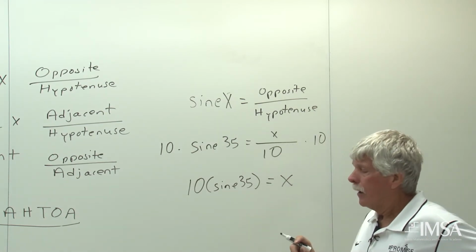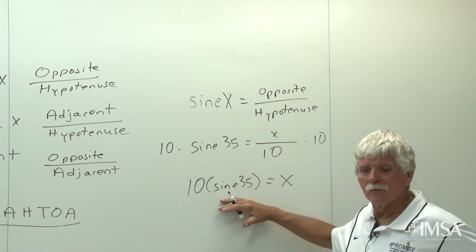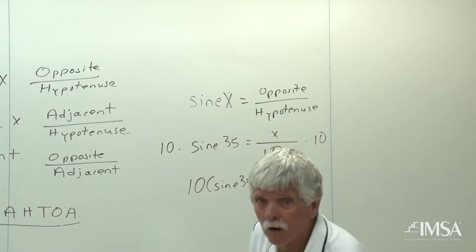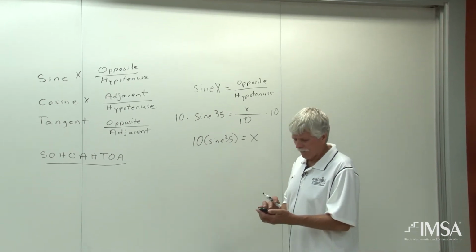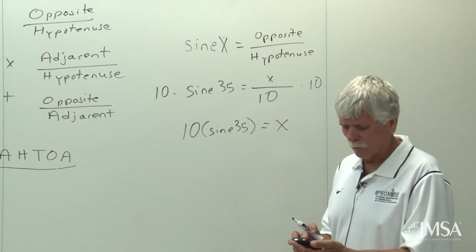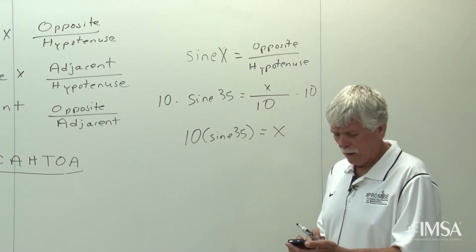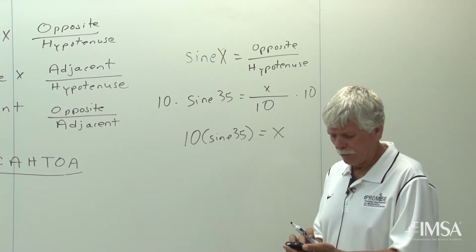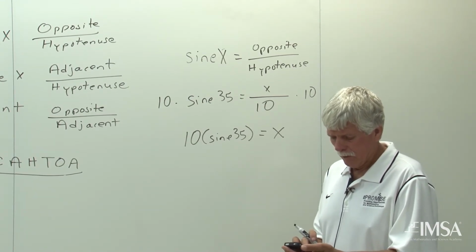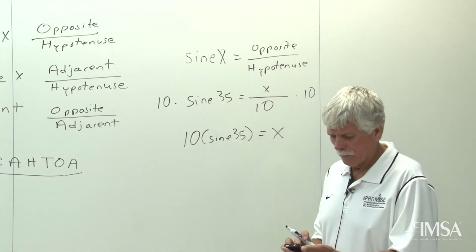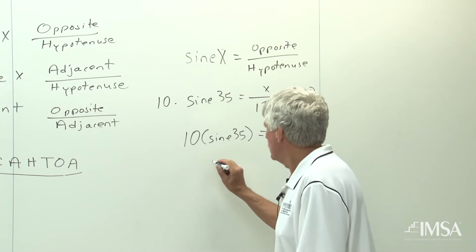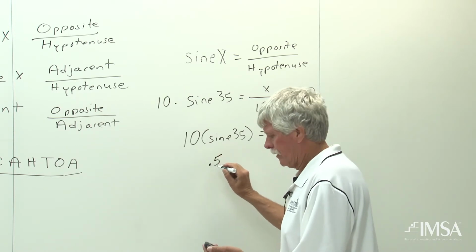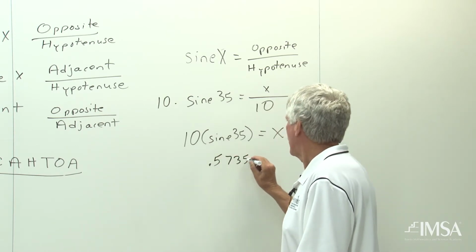Now, I don't know these sines right offhand, but I do have on my phone a scientific calculator. So I'm going to find out what the sine is. I go to a function which will tell me the sine, and I type in the number I need, which is 35, and finish that, get my equal sign, and the sine of 35 is 0.5735.